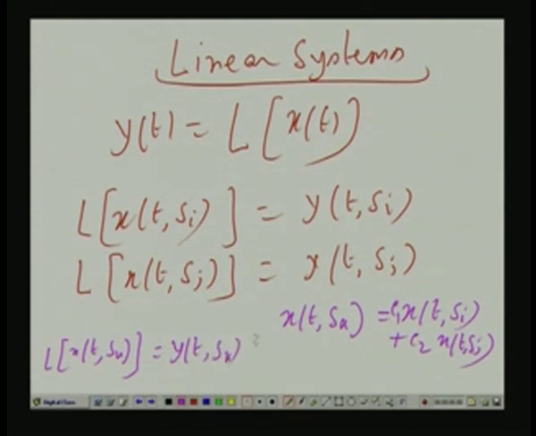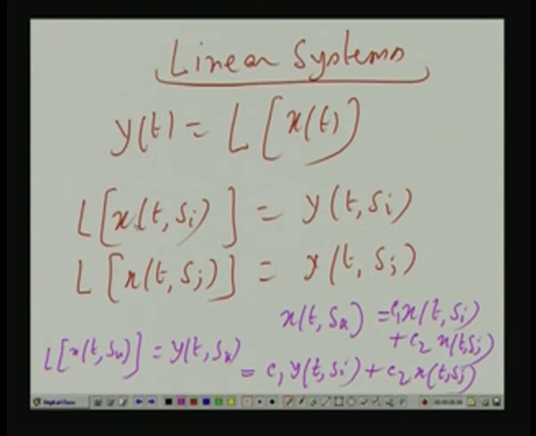If it is linear, this becomes the same as c1 times the response due to the first waveform, plus c2 times the response due to the second waveform, that is, c1 times y(t, s_i) plus c2 times y(t, s_j), which means the principle of superposition should be valid.